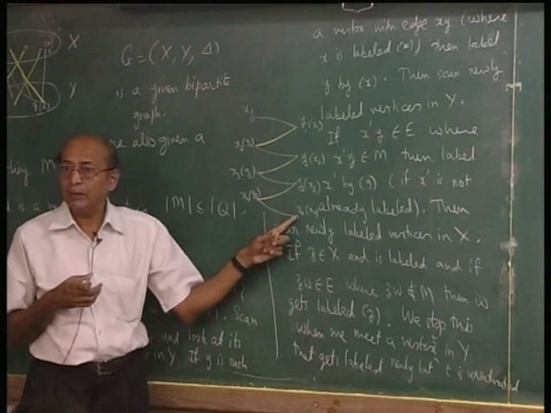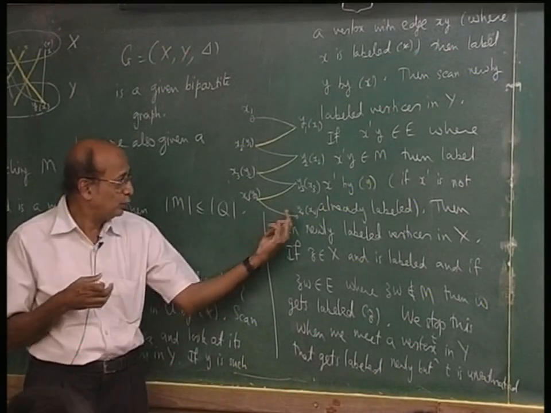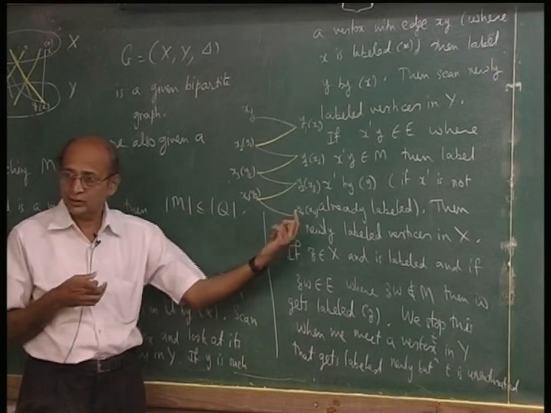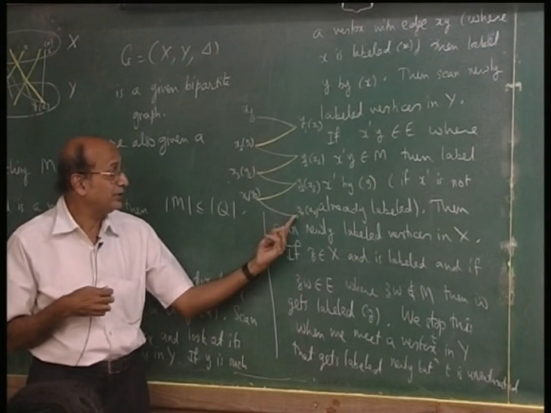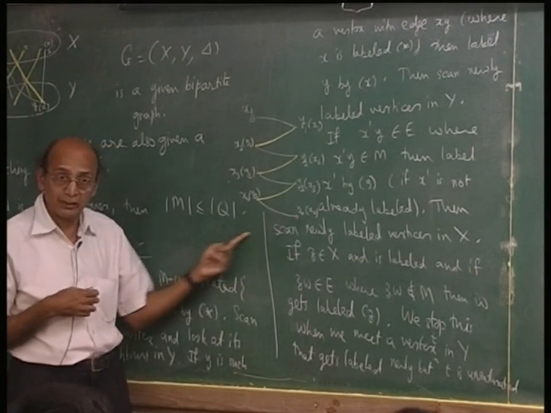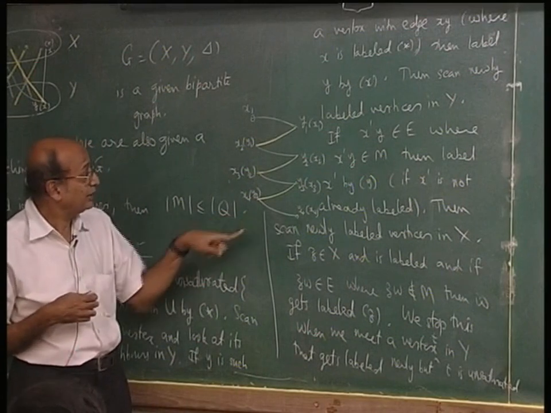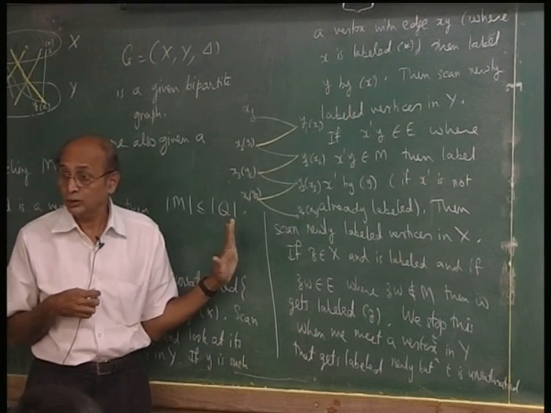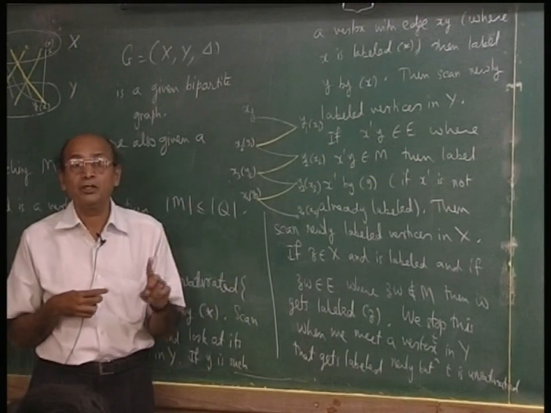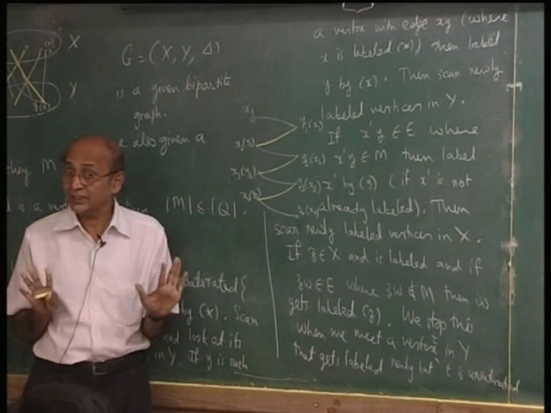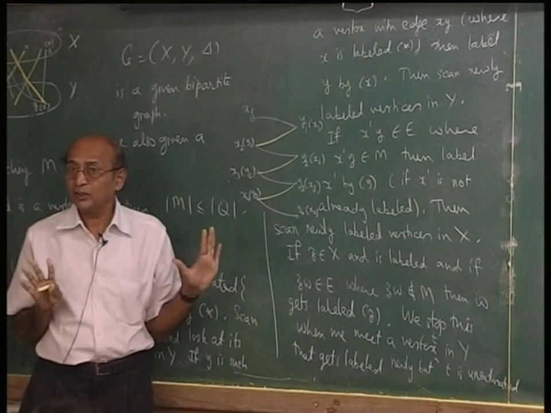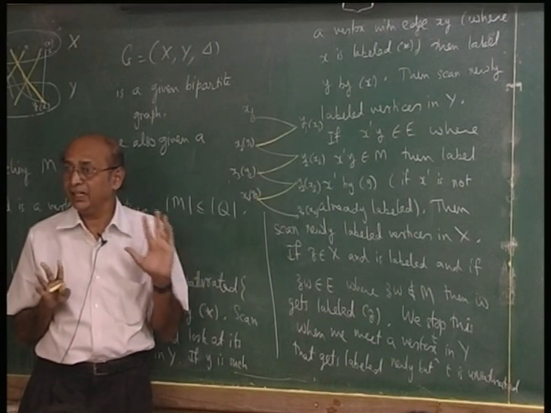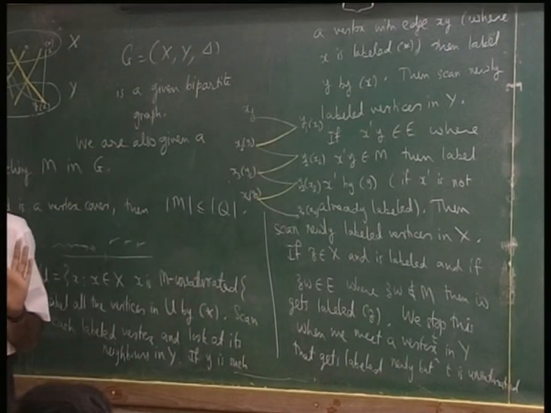If this also happens to be saturated, then what do I do? I use that backward arc to, this is saturated means it is on some matching edge, therefore I'll go back there, try to see if that has been labeled. If it is already labeled, then there is nothing that I can do. You don't put two labels on the same vertex, is that clear? This is the main thing for this algorithm. You don't erase any label, no erasing of labels.